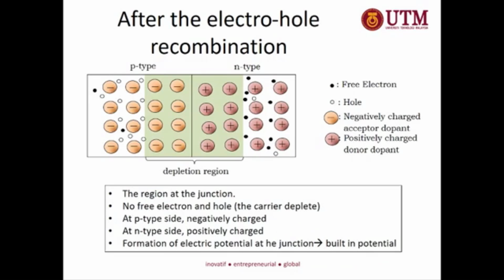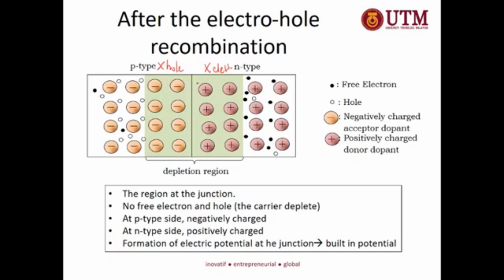So what happens is that nearby this junction, or the interface, there will be no electron and no hole. The electrons here have moved towards the p-type and recombined, and the holes disappear because of the recombination.